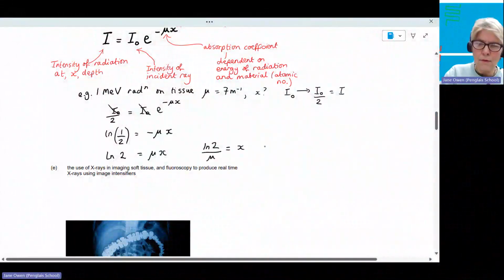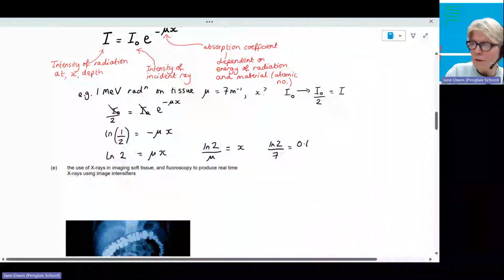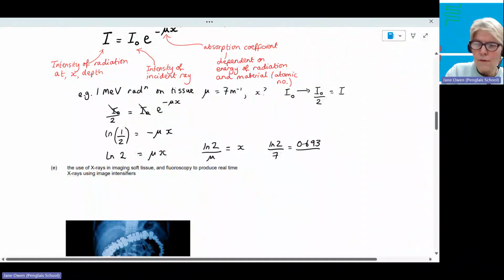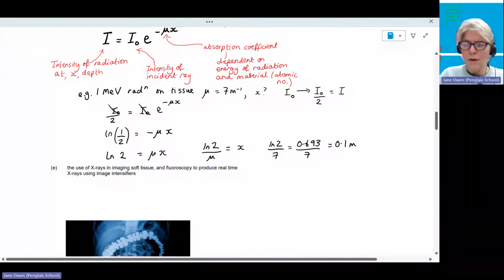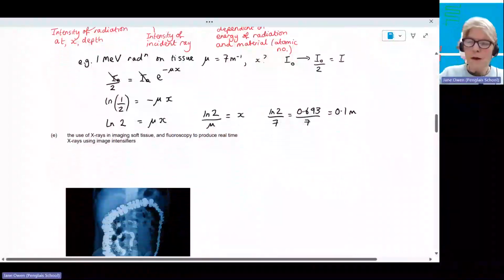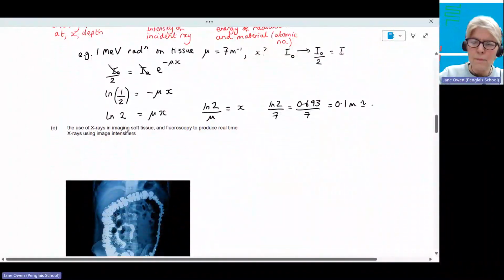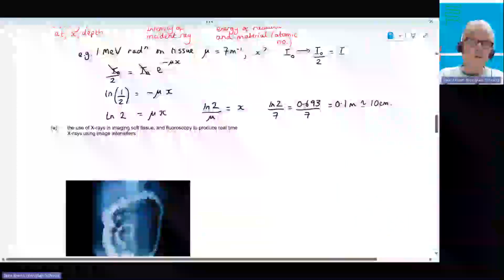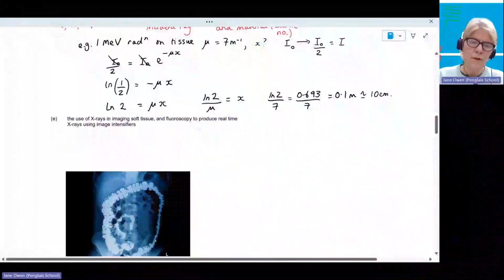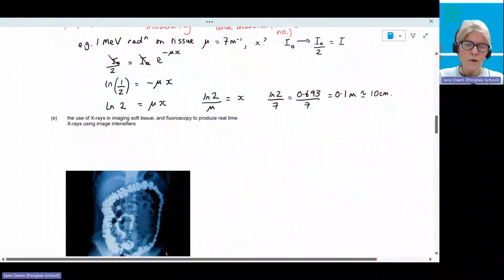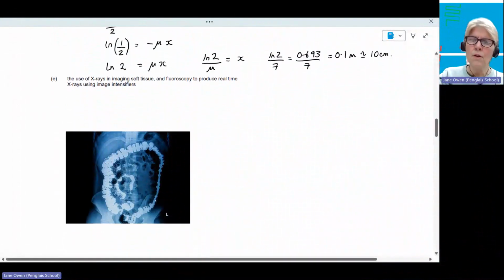We know mu is 7, so log 2 over 7, 0.693 over 7 equals 0.1 roughly meters. I should have more significant figures, but roughly that is around 10 centimeters depth of tissue for the intensity to reduce by half. So we can use the X-rays to look at soft tissue.